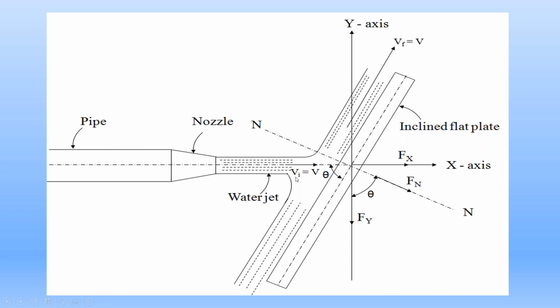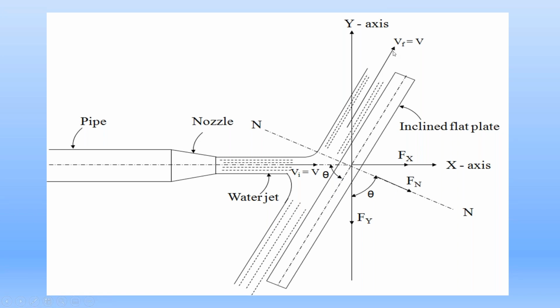So the initial velocity Vi in the direction of normal is V cos(90 minus theta), because the initial velocity with this normal line is making the angle 90 minus theta. That is equal to V sin theta.